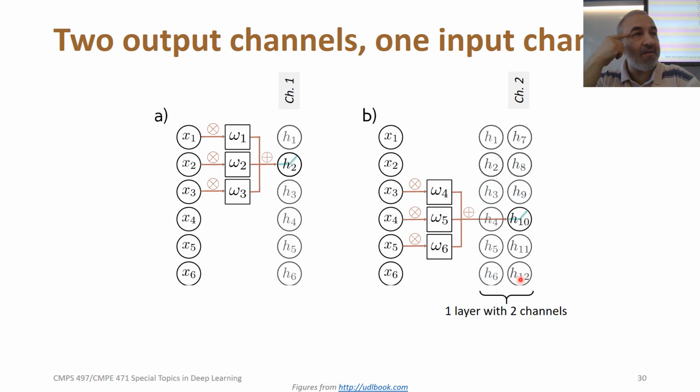How many parameters will we have? It's the number of parameters of one kernel times the number of kernels, the number of channels. If we have 2, then we just multiply by 2, because if we have a size of 3, each kernel will have 3 weights, 1 bias. The second kernel will have 3 weights, 1 bias, right? So we'll have double.